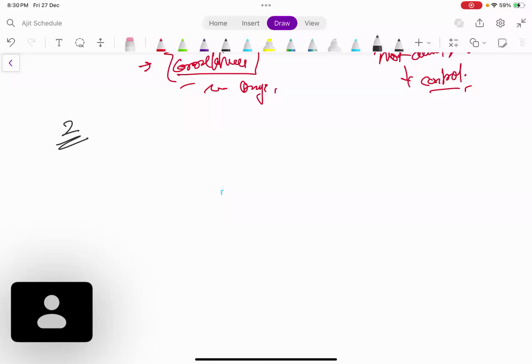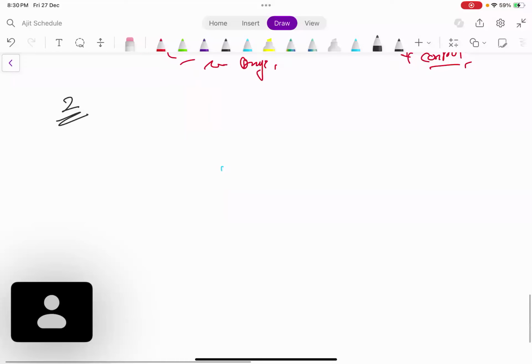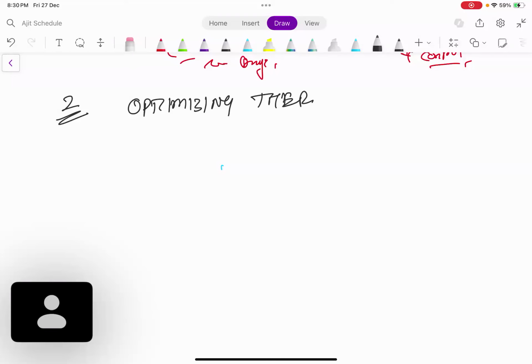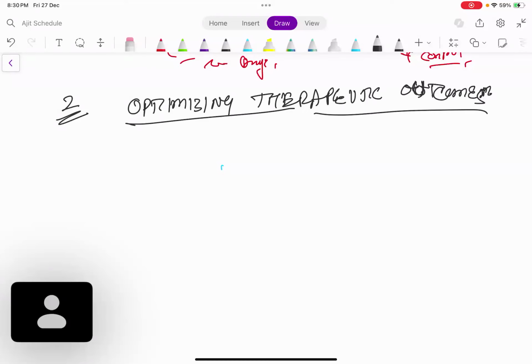And what was that second domain? The second domain was optimizing the therapeutic outcomes, right? So what exactly did we talk about?